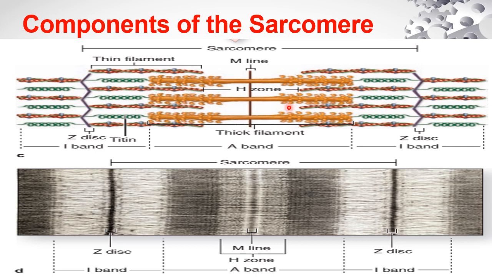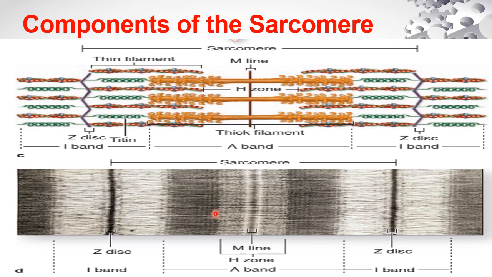Then this is a sarcomere. A sarcomere simply runs from one Z disc to the next Z disc. This entire thing here is known as a sarcomere. After the Z disc is another sarcomere. This diagram down here shows a sarcomere and how it looks under a microscope.